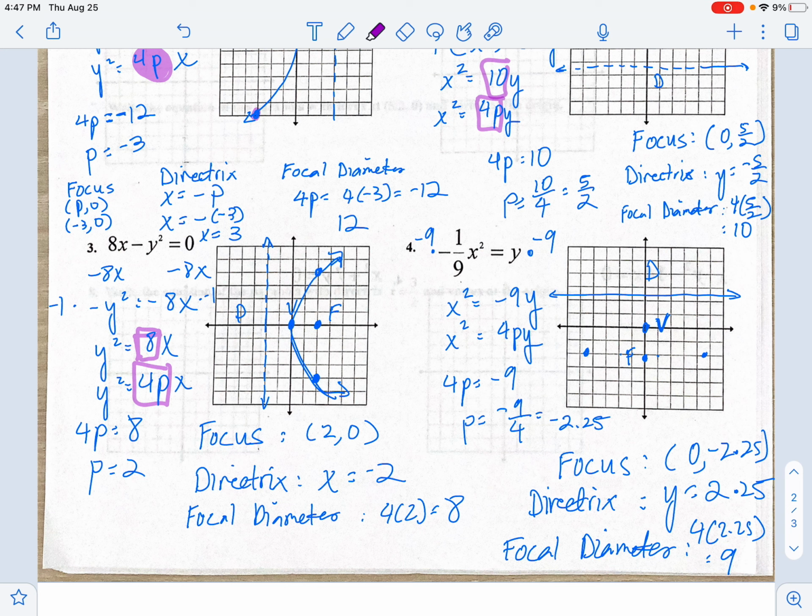Total of 9 all the way across. And there you go, a downward facing parabola, which will be our last problem.